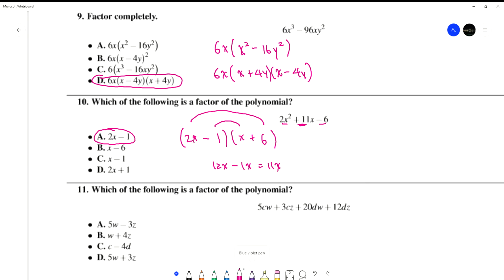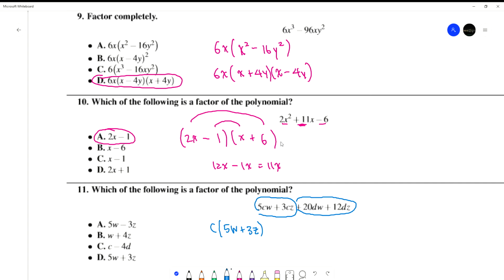No? Okay. All right, for number 11, 4 terms, so this is our factor by grouping. In my first group, I see that the GCF is a C. So I'm going to factor out the C, and I get 5W plus 3Z.